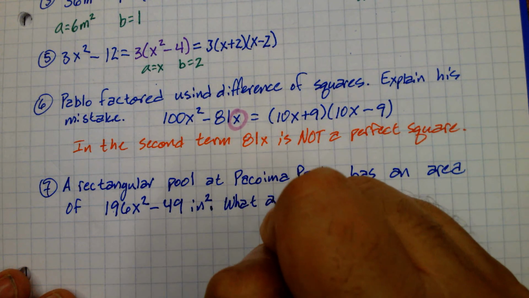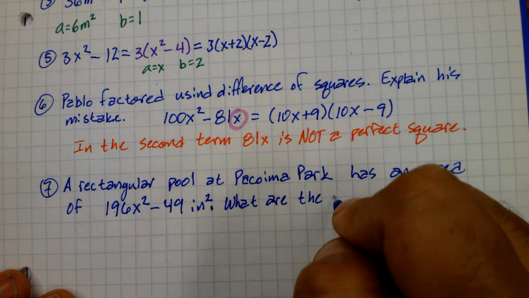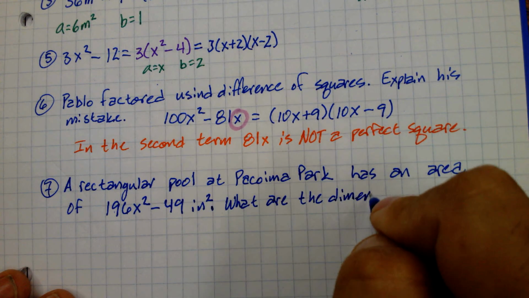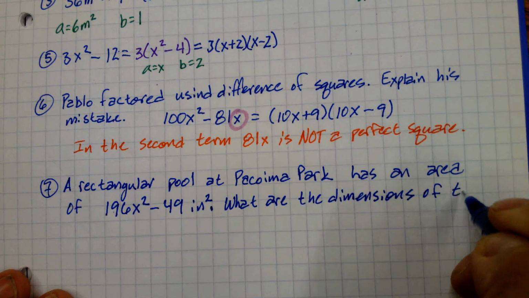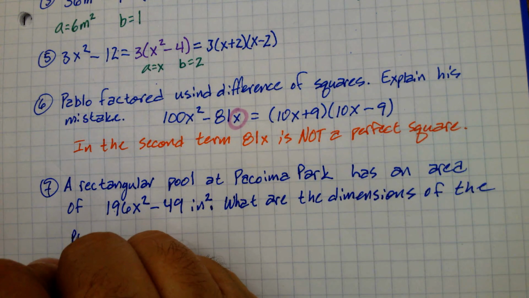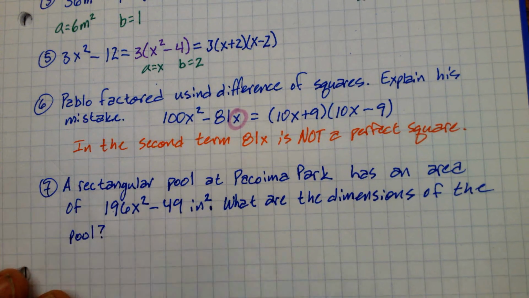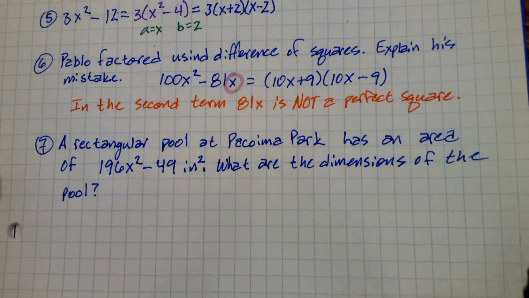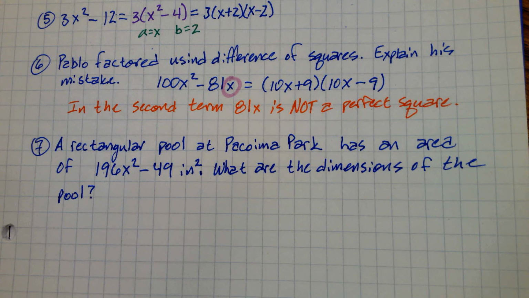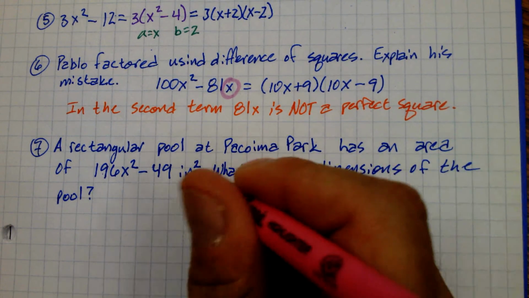What are the dimensions of the pool? All right, let's take a quick look. Go ahead and write that down. Rectangular pool at Pacoima Park has an area of 196x squared minus 49 square inches. What are the dimensions of the pool? Okay, that's our question.